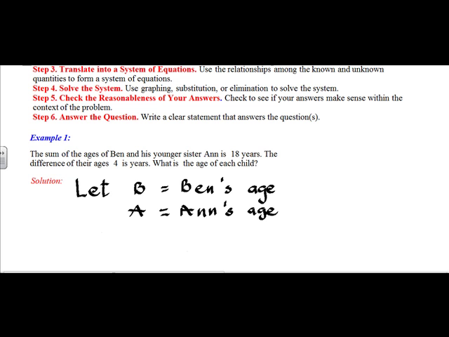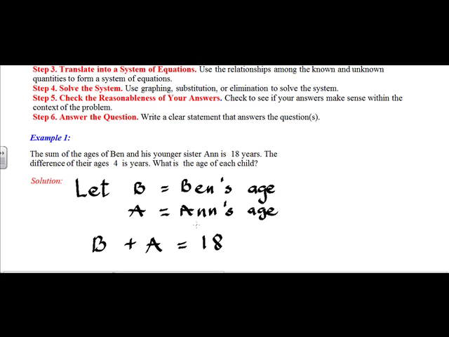Now step 3, we're going to translate all the information into equations. The first sentence says the sum, and the sum means addition. The sum of the ages of Ben and his sister is 18. The "is" here actually means equal. So B plus A equals 18.